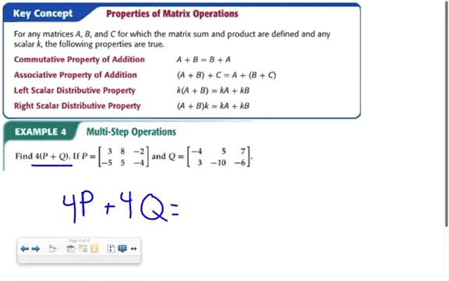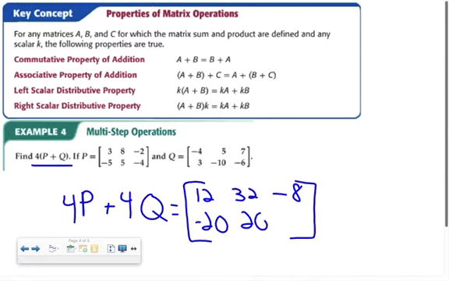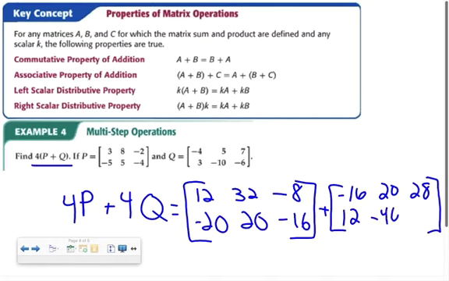would boil down to, well, 4 times P is 12, 32, negative 8, negative 20, 20, negative 16, and I'm adding to that 4 times Q, which is negative 16, 20, 28, and 12, negative 40, negative 24.